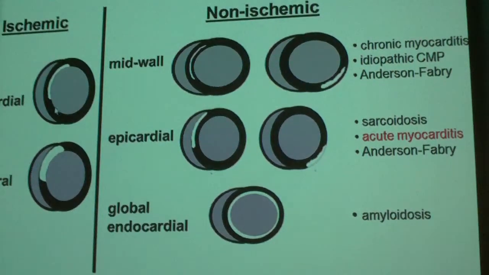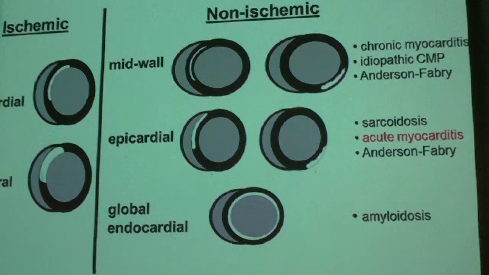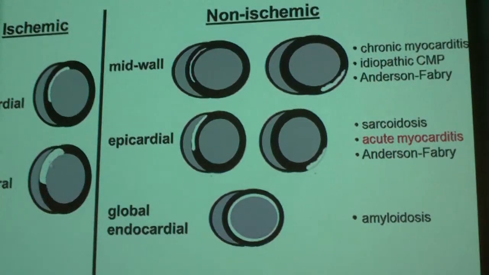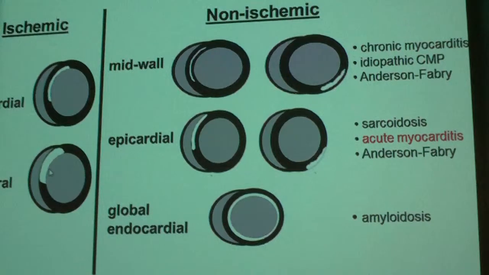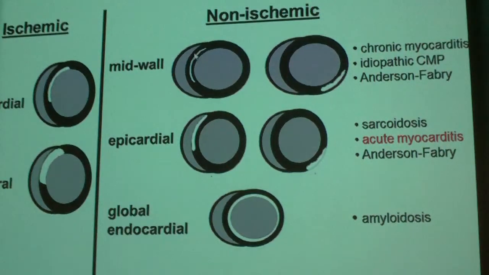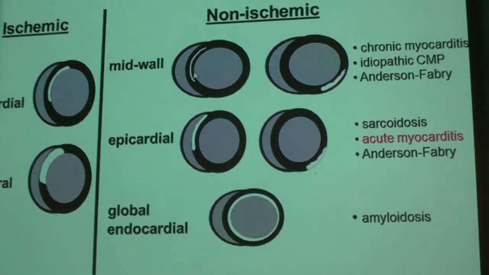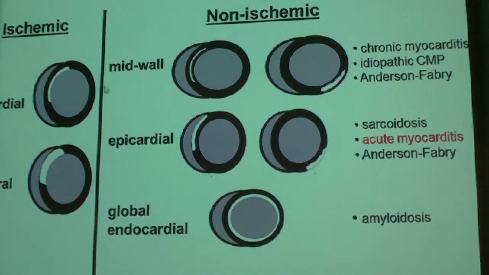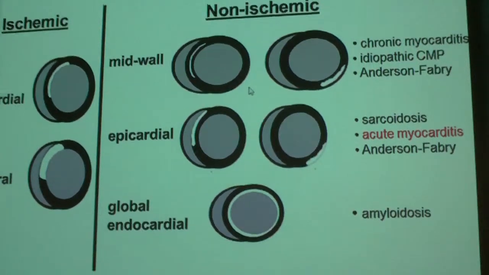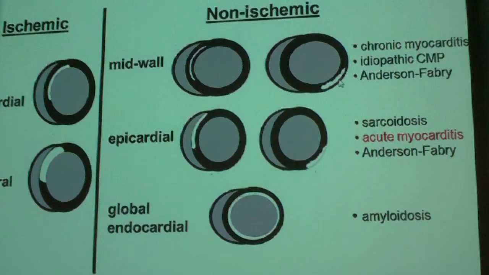And if it's completely occluded, then you get a transmural heart infarction. This is typical for myocardial ischemia. If you have mid-myocardial or epicardial late enhancement, fibrosis there, it's something that cannot be due to an occluded vessel, because no vessel runs from the inside to the outside. This helps us to differentiate if there's an inflammatory heart disease. Because as you can see here, there are a lot of causes.